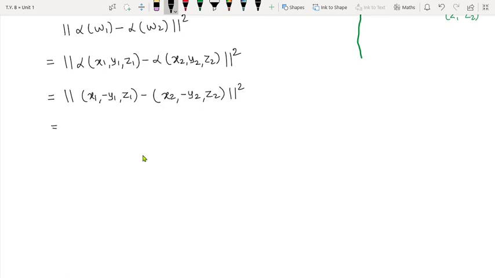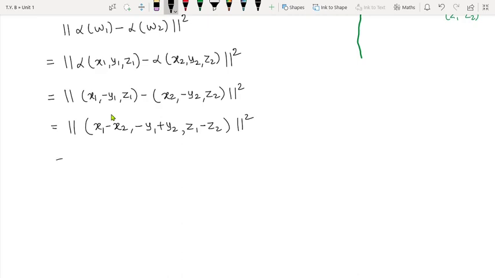This is equal to norm of the subtraction. What will the first coordinate be? x1 minus x2. What about the second coordinate? Here there is a minus sign, and here also a minus, so that minus and minus will be plus. So minus y1 plus y2, comma, and it will be z1 minus z2, and its square.